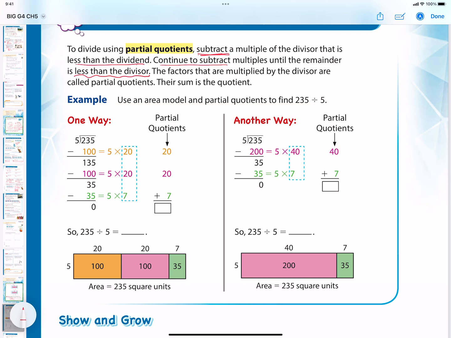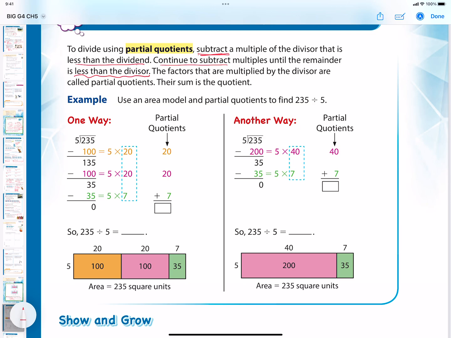So this remainder has to be less than the divisor. Please remember, okay? The factors that are multiplied by the divisor are called partial quotients. Their sum is the quotient. So you need to add the partial quotients to find the quotient.